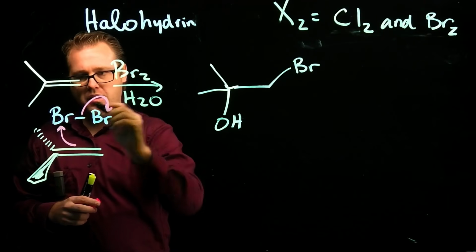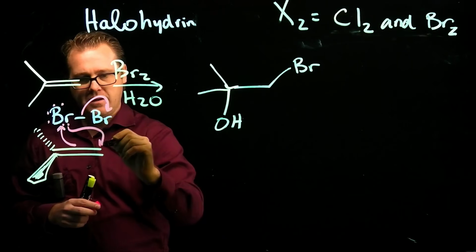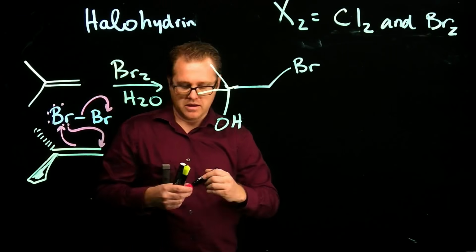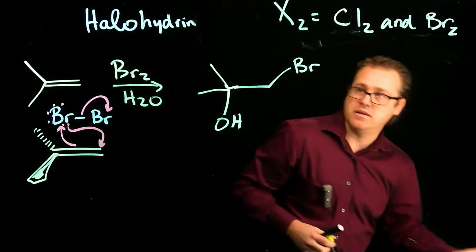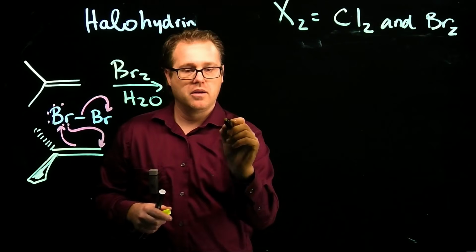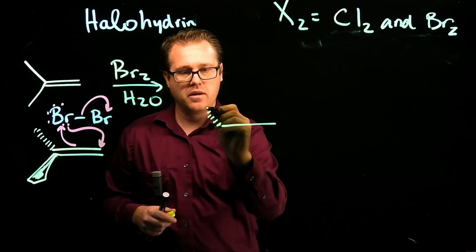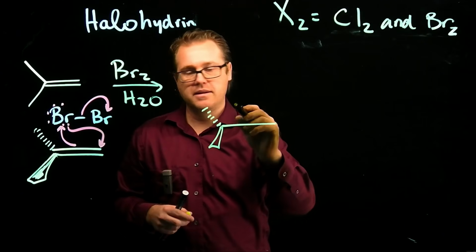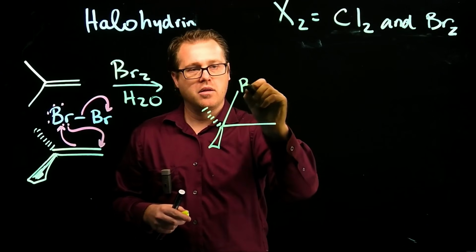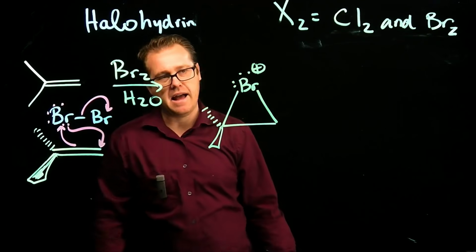We're going to have this attack, this break, and then the lone pairs on this bromine come in and attack. Okay? So we're going to now have that Br plus, like that.